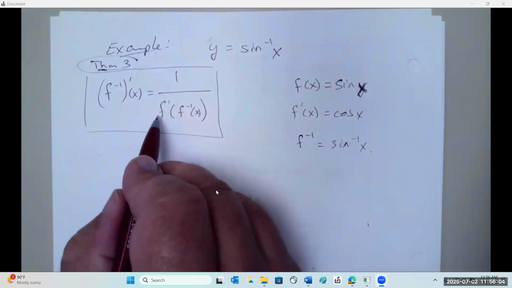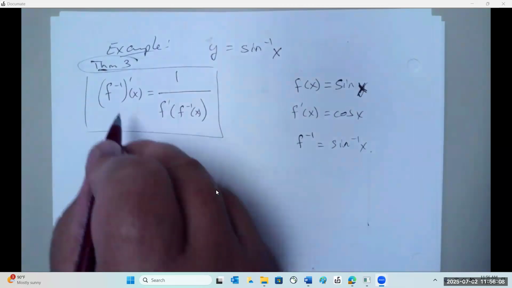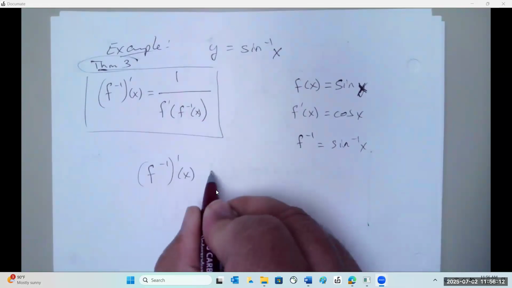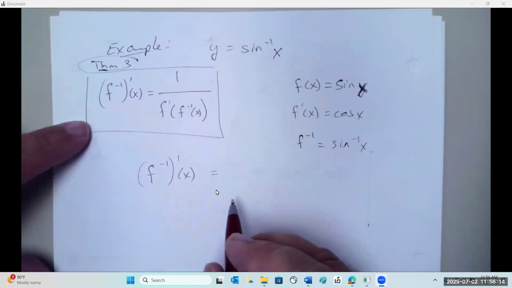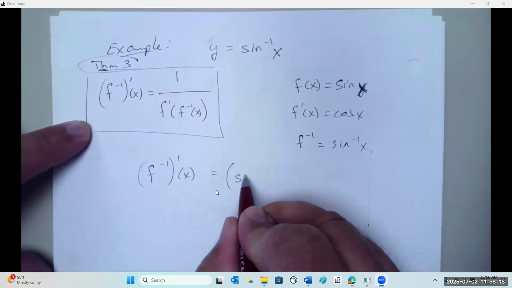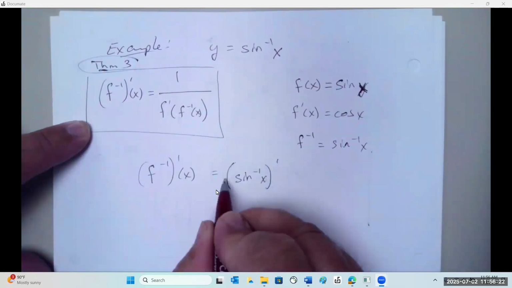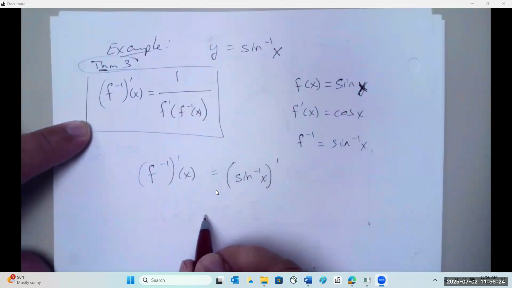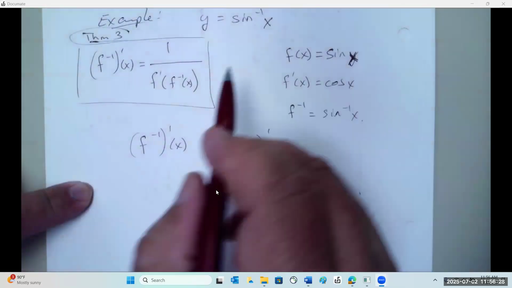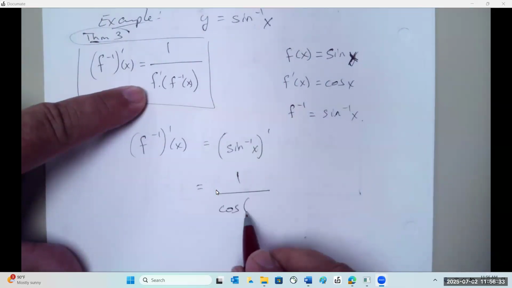So using this formula here, to find the derivative of the inverse, which is the derivative of inverse sine of x, we need to find 1 over the derivative, which is cosine of x.